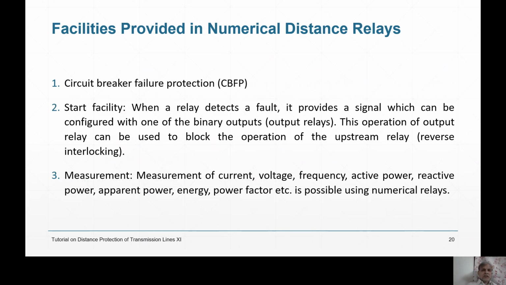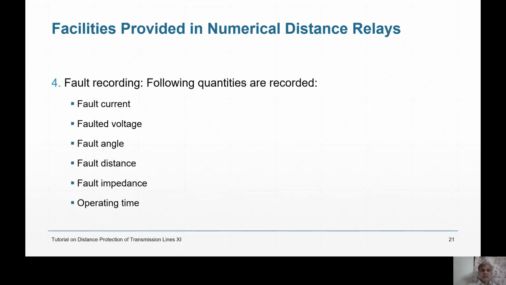Circuit breaker failure protection, which we have already talked about. Measurement of current, voltage, frequency, active, reactive, apparent power, energy, impedance. Everything can be measured. We have talked about all these things.